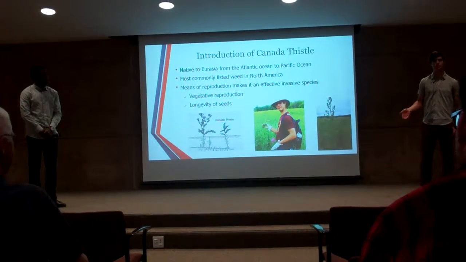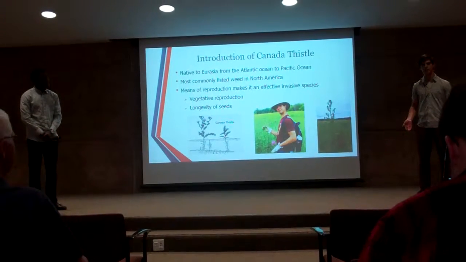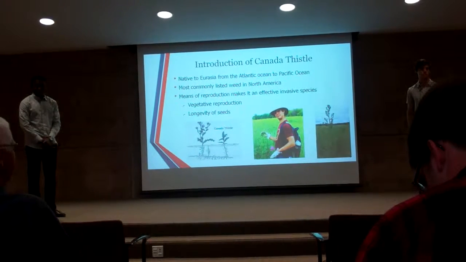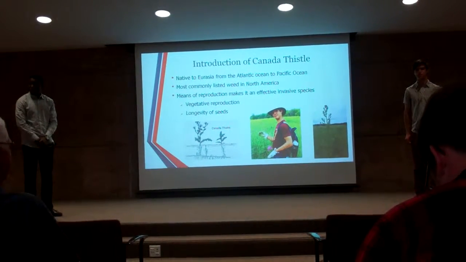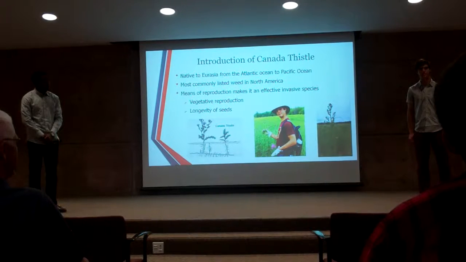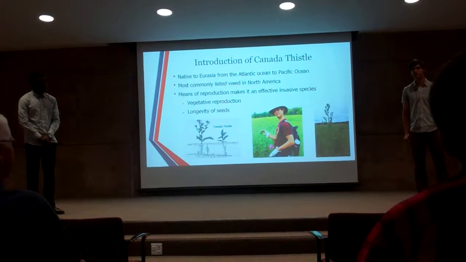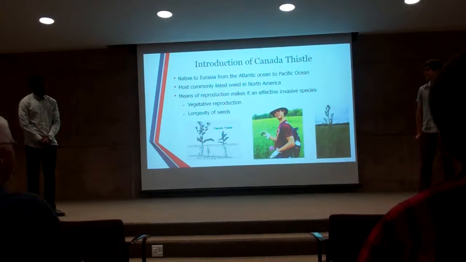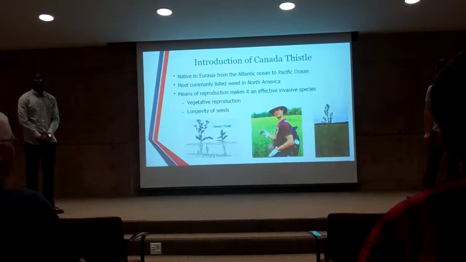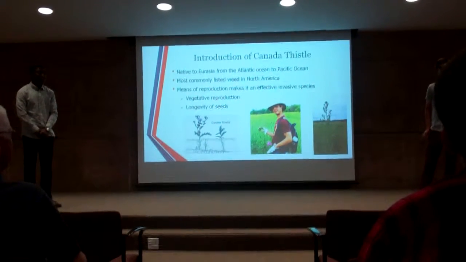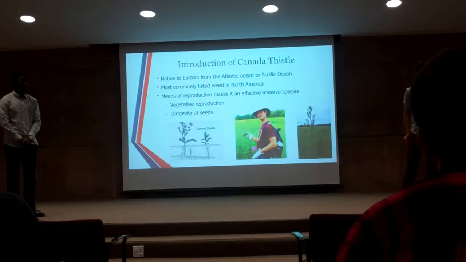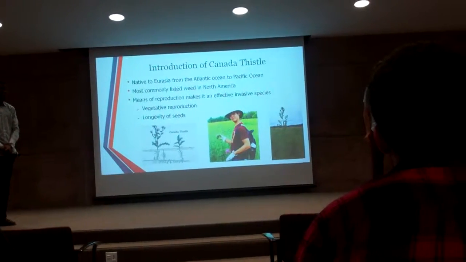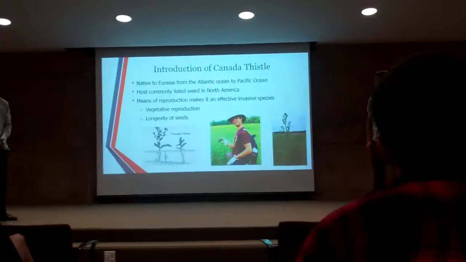With human advances in trade and transport, it was introduced to North America, into Canada in the 15th century, likely through crop seeds. And by the 20th century, it was the most commonly listed noxious weed in North America, and it had invaded most every herbaceous community.